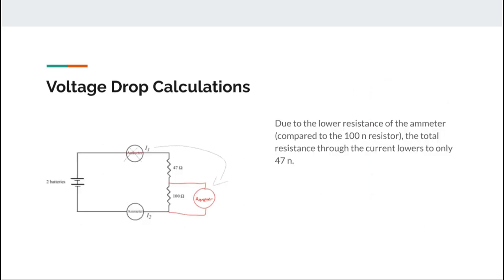So the voltage drop calculations, that is the wrong title, but basically this relates to connecting the parallel ammeter, and so due to the lower resistance of the ammeter compared to the 100 resistor, the total resistance through the current lowers to only 47, since the current basically goes around the 100 volt resistor, and yeah, skips it basically.